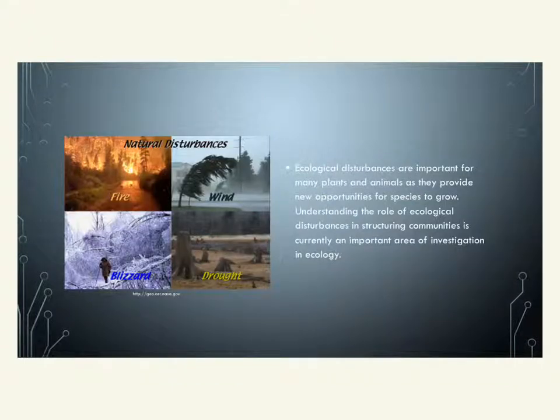Okay, and finally, looking at some of these natural disturbances. This is an important area of investigation within ecology. It's important to know how plants and animals are going to react to this, and how these ecological disturbances provide new opportunities for species to grow.